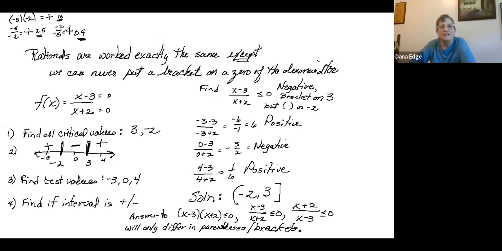But the sign, when you multiply or divide two negatives, is going to be positive no matter what. And this basically says we're only looking for the signs. So the signs are going to change at the same x values. The solutions to these problems only differ in what you can include and not include as far as the endpoints.